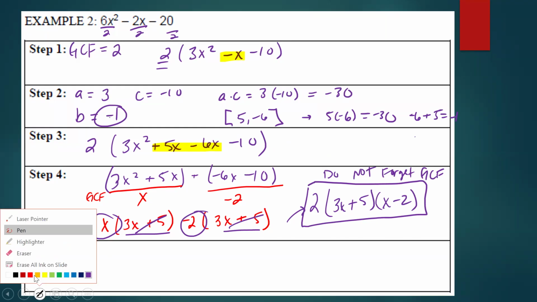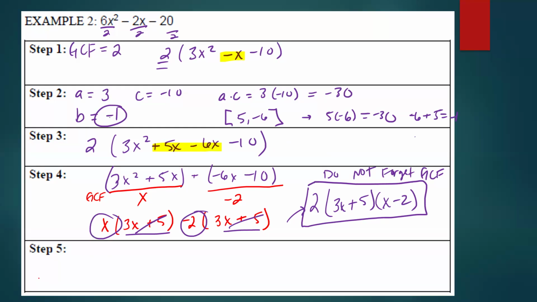Okay? If you think you did something wrong, then you would go back through and FOIL. So I would have 2 and multiply. 3x squared times x gives me 3x squared. 3x times negative 2 gives me negative 6x. 5 times x gives me 5x. 5 times negative 2 gives me negative 10.